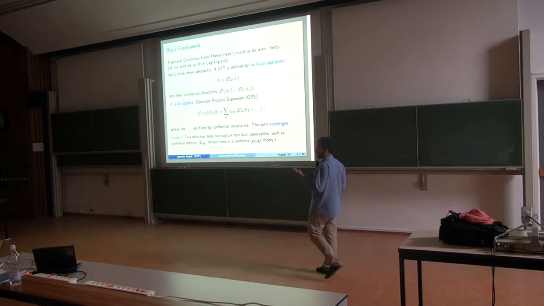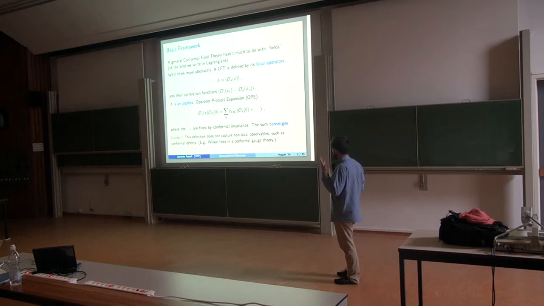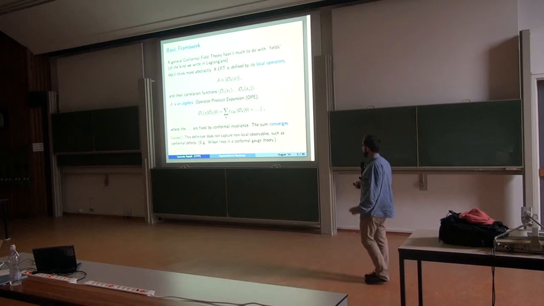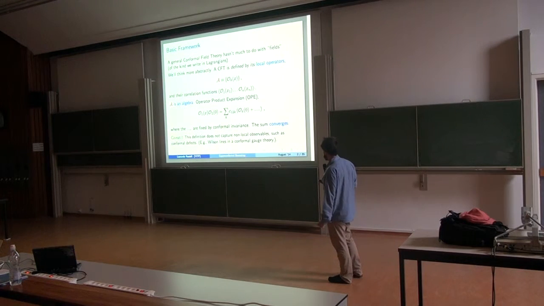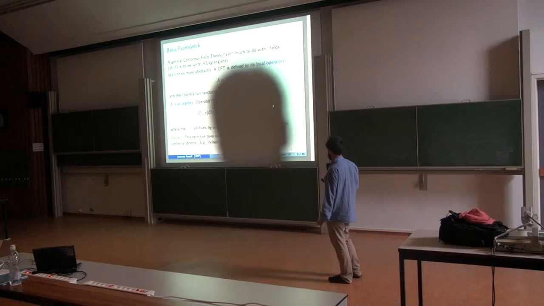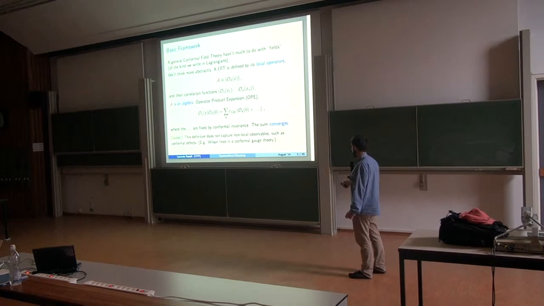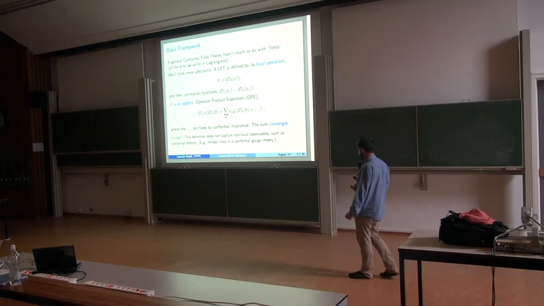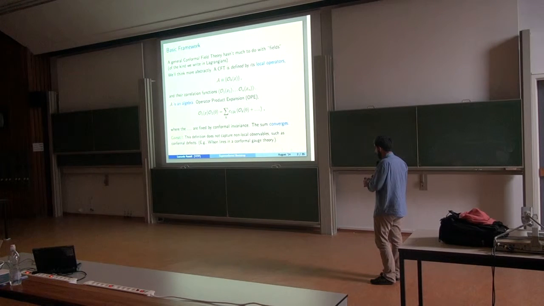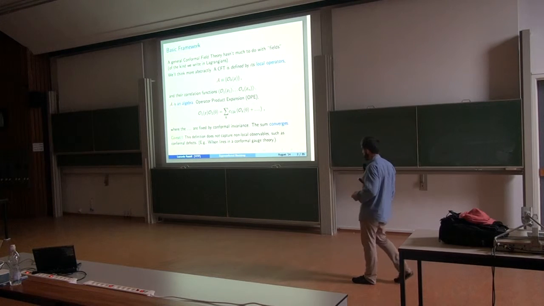It is a true operator equation. The sum is an absolutely convergent sum. You find the first signal of divergence at the insertion of the next, say, third operator in a correlation function. The nearest operator gives the radius of convergence. And these are the basic axioms of this abstract formulation of conformal field theory.